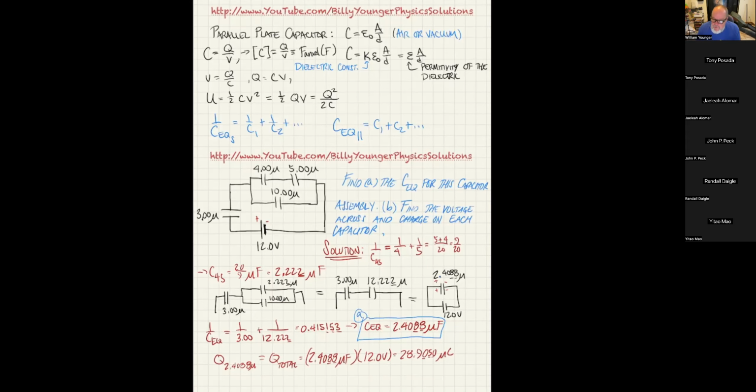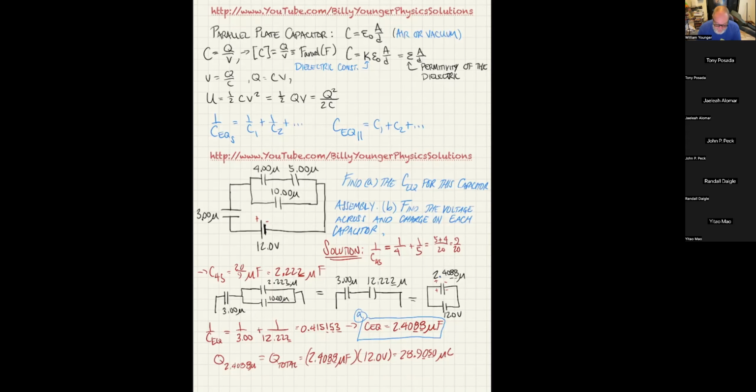Now, if there's no capacitors in series with the battery, then no single capacitor is necessarily going to get that charge. But in this case, we actually have a 3 microfarad capacitor in series with the battery. So what's going to happen is 28.9050 microcoulombs is going to leave the left side of the battery and stack up on the bottom edge of that 3 microfarad capacitor.